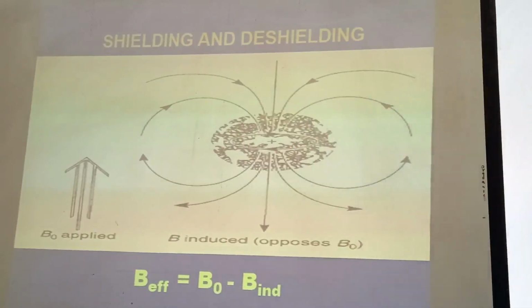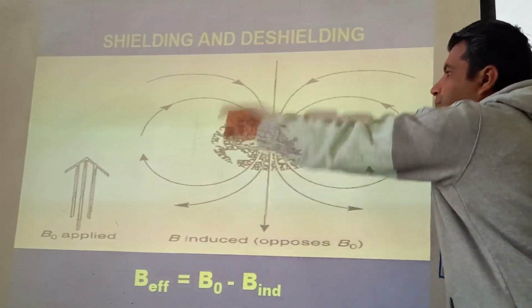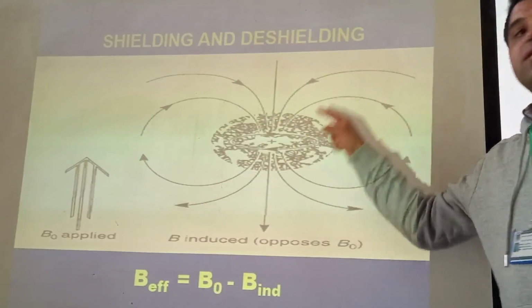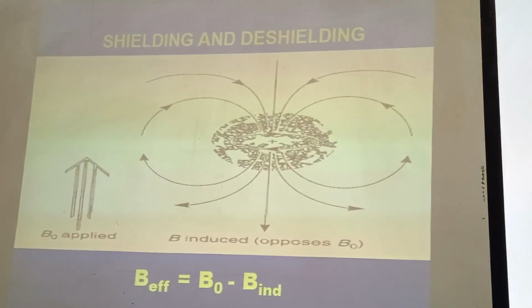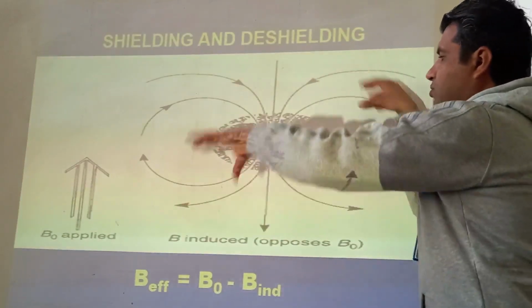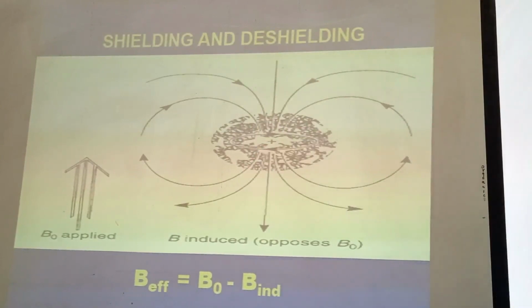And when this electron density moves in this direction, it produces its own magnetic field. These magnetic field lines show the direction of this magnetic field, and it's actually all around this nucleus in a particular direction.